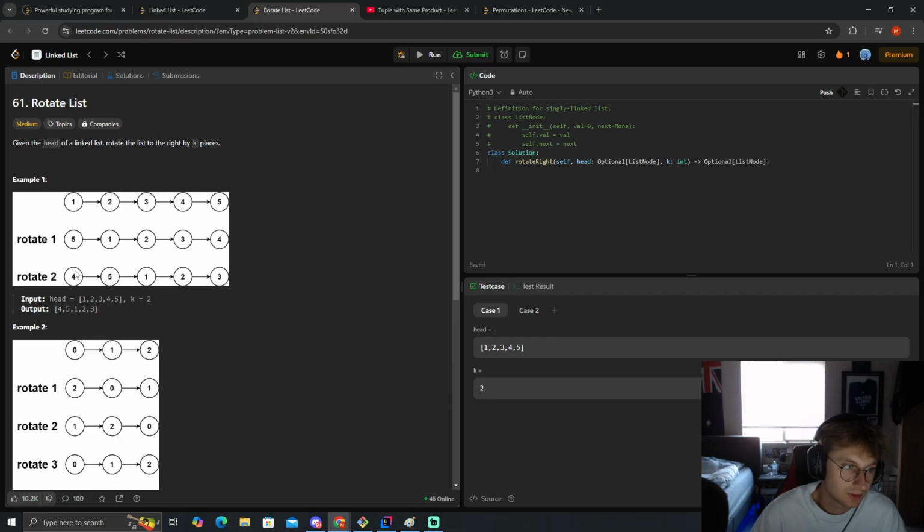So in this case, k is equal to 2, so we have 4, 5, 1. Rotate. Oh, geez, this is kind of an interesting problem. Hang on. Given the head of a linked list, rotate the list to the right by k places.